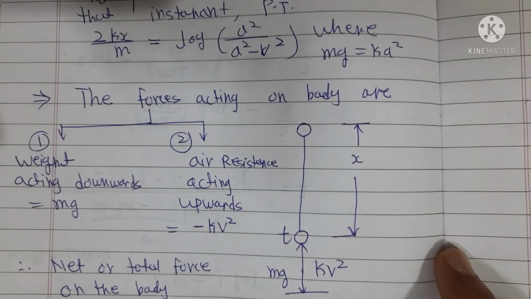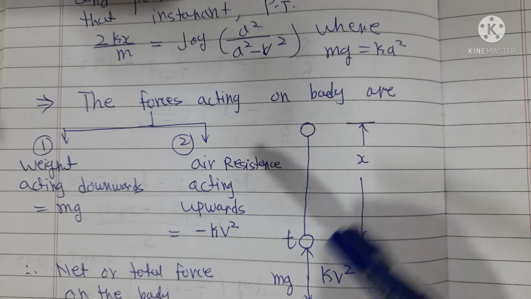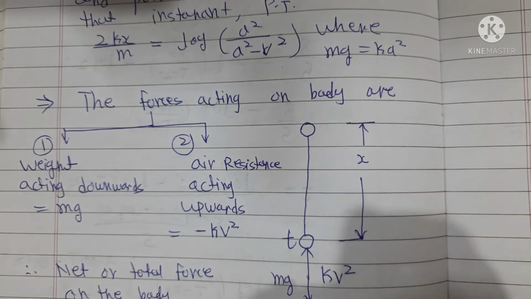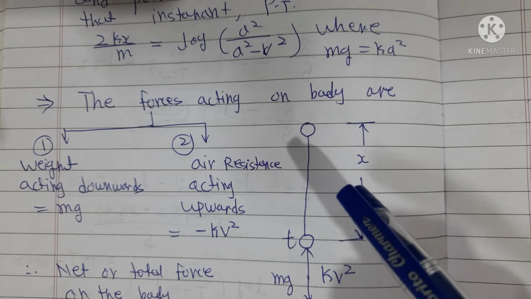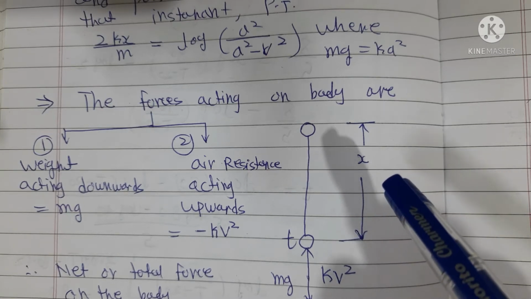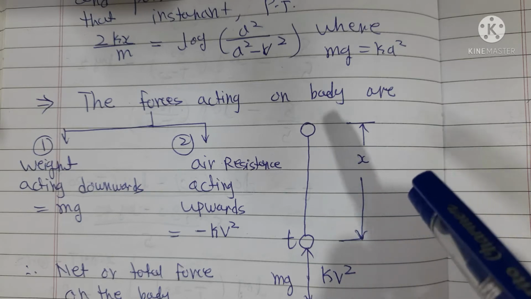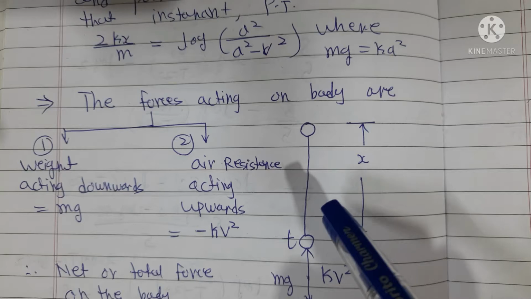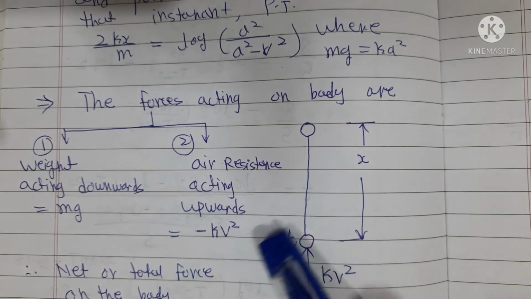The motion which is upward in direction is considered negative, and the motion which is downward in direction is considered positive. Why is upward motion considered negative? Because it is opposite to the gravitational force, the acceleration due to gravity, the gravitational force of earth. Therefore it is always considered negative.